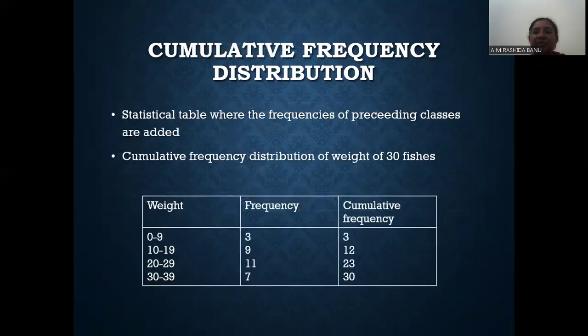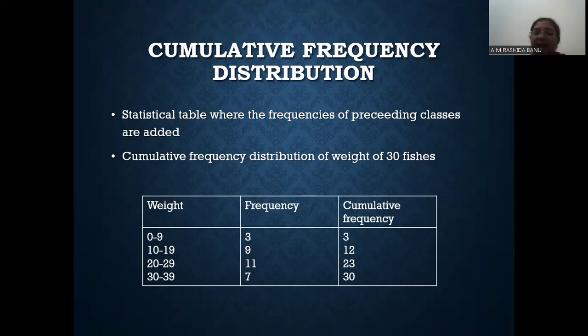And in cumulative frequency distribution, it is the statistical table where the frequencies of preceding classes are added. So here also similarly we have taken the class interval, frequency and cumulative frequency. So for 0 to 9 we are having 3, and it is represented in cumulative frequency also as 3. For 10 to 19 we are having 9 frequency, but here the 9 is added with the 3, and then it becomes 12.